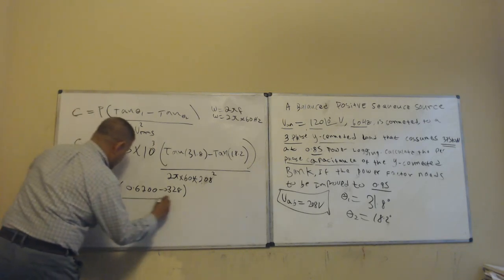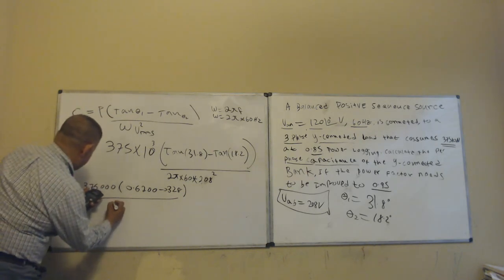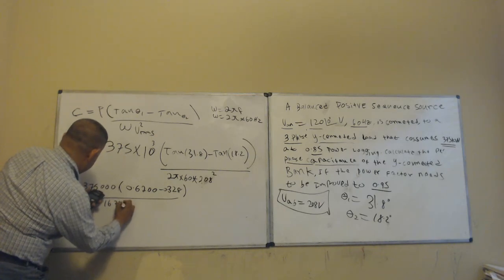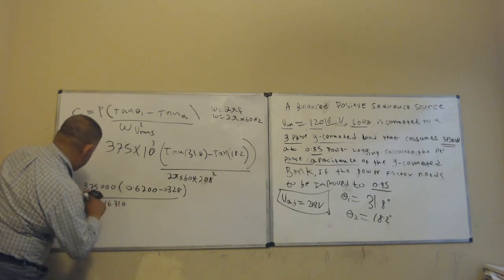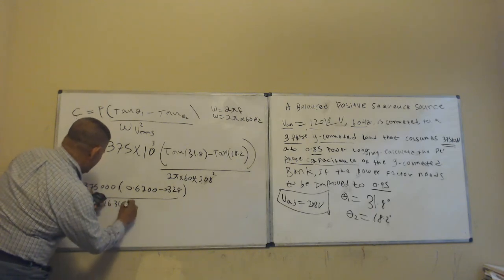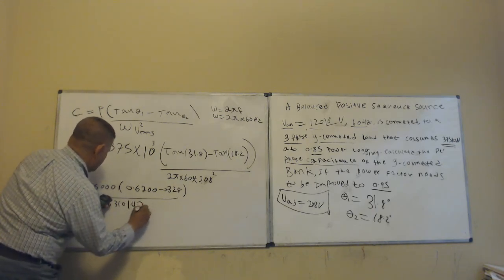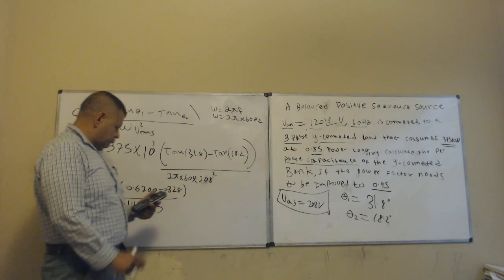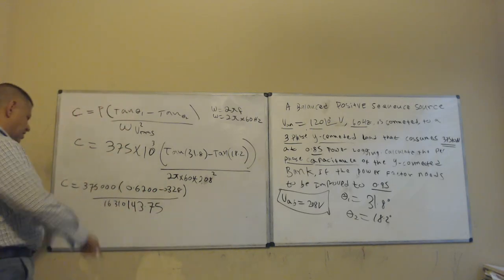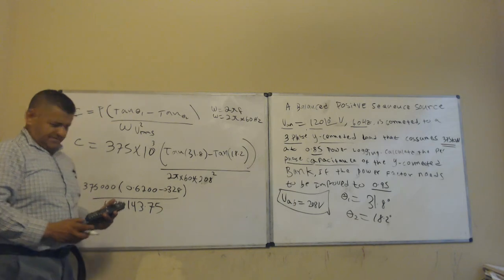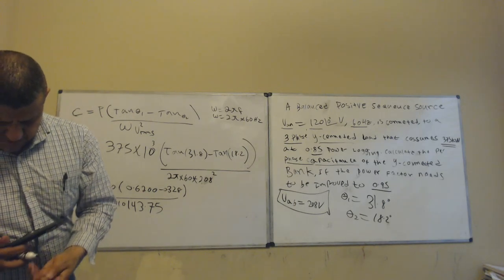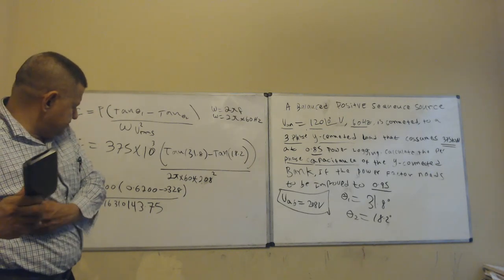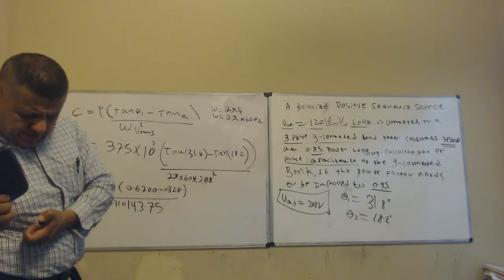That is 16,310.75, right? Now what do you do? Well, just do that. So now basically, we have the numbers. Piece of cake now, right?